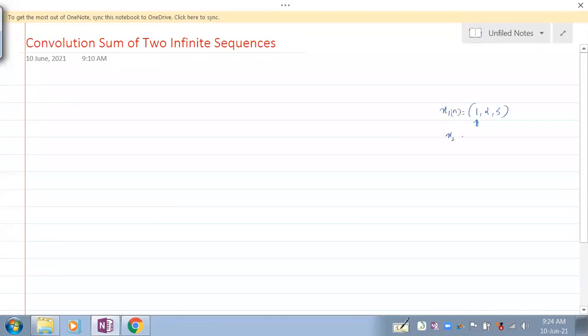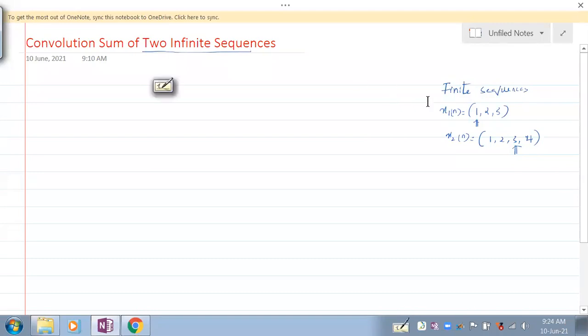Another sequence we took and called x2 of n, but this was starting at the origin. Such signals are called finite sequences.